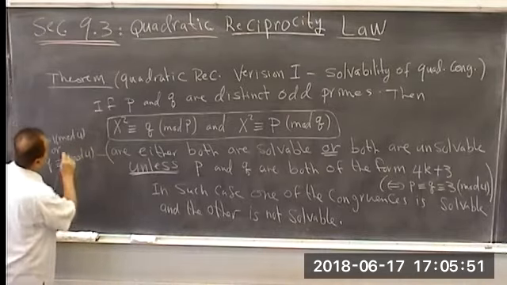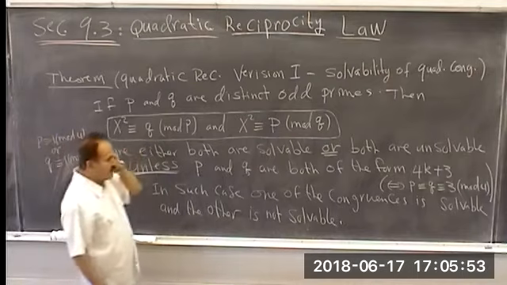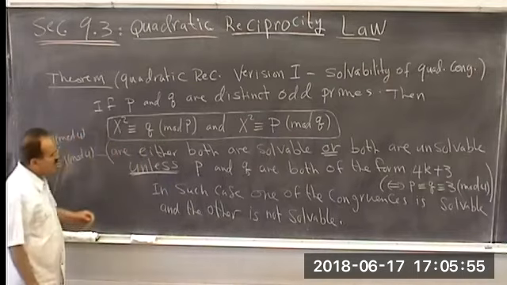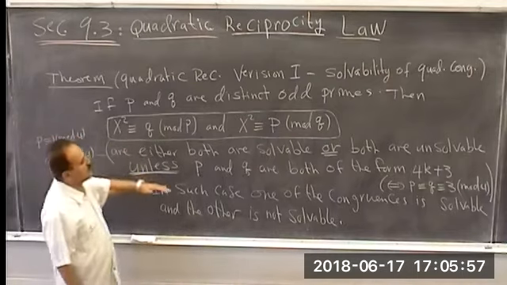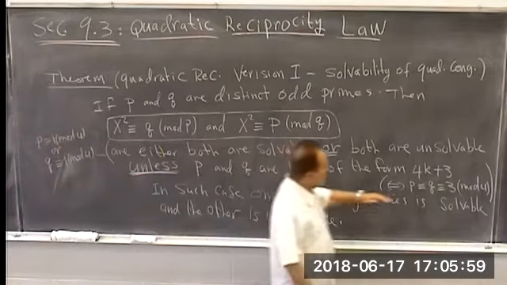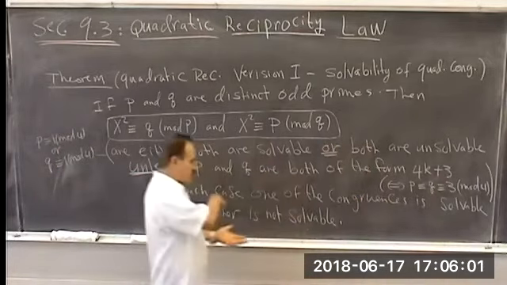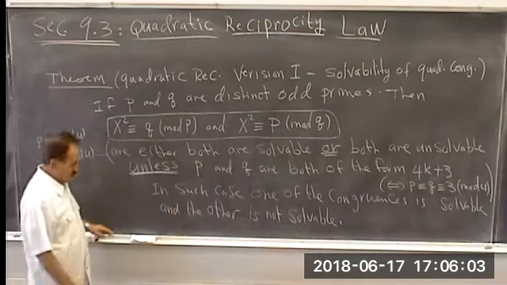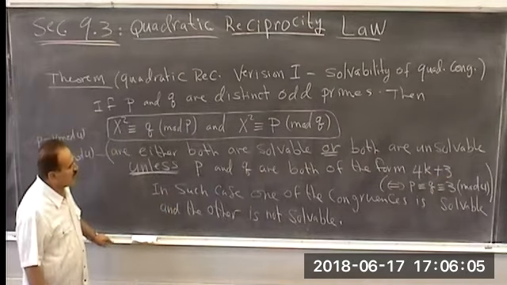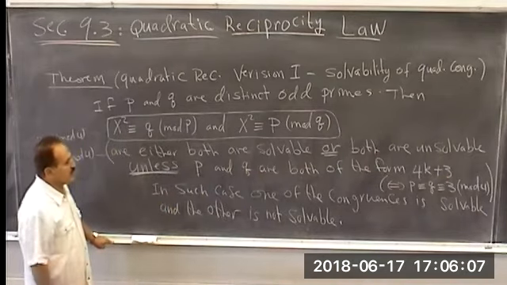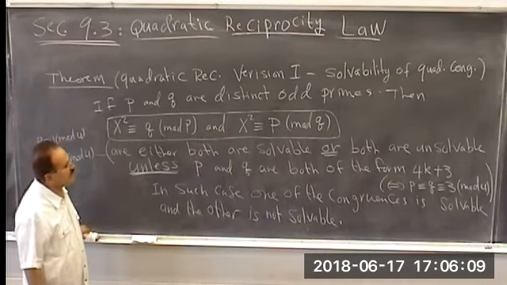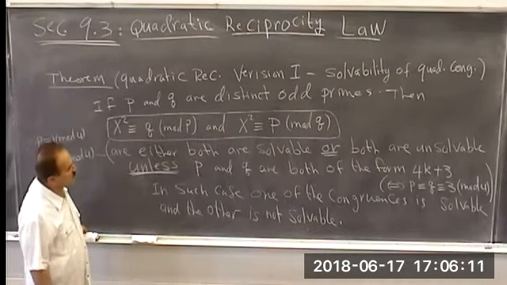All right? So if either one of these, then both are going to be solvable or both unsolvable. However, if both of them are of the form 4k plus 3, then one is solvable, the other one is not solvable.